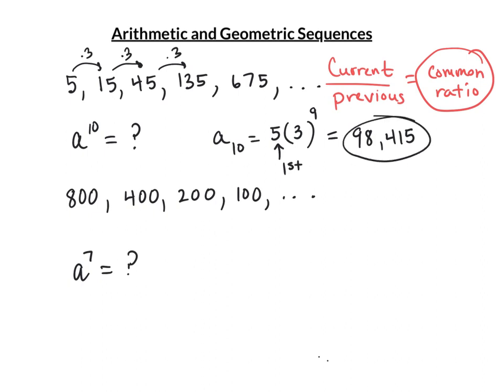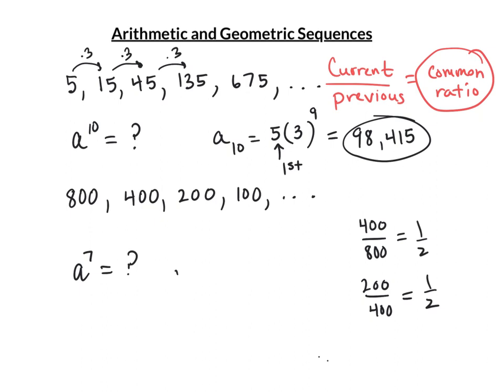In the second sequence, notice the common ratio, current divided by previous: 400 divided by 800 is a half. 200 divided by 400, every time I take a current term and divide it by the previous term, I get 1/2.